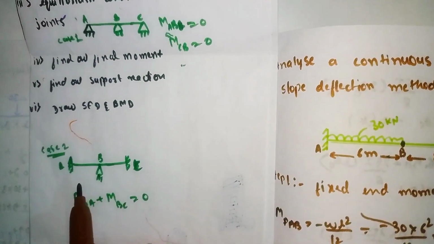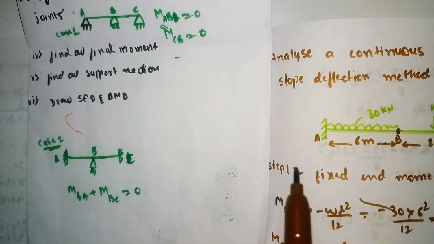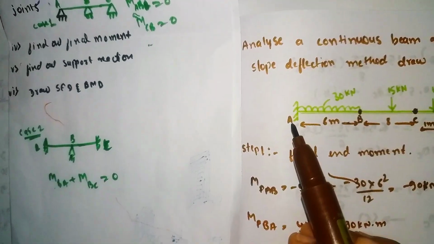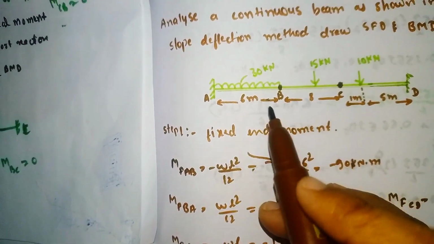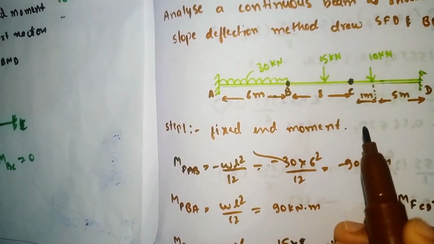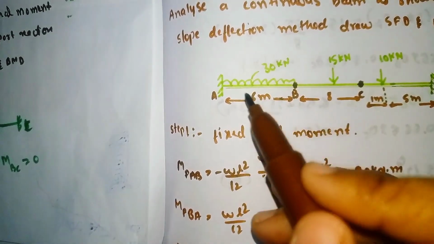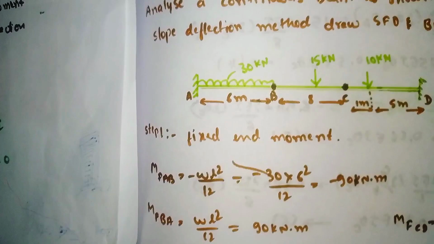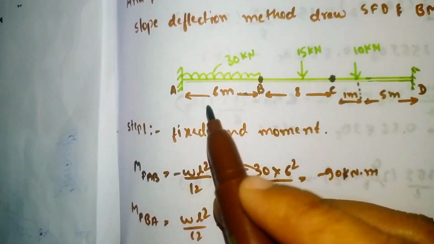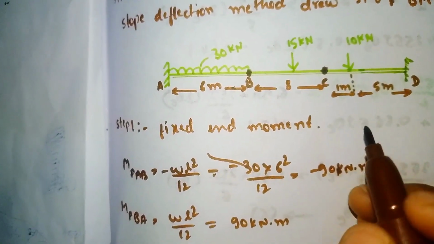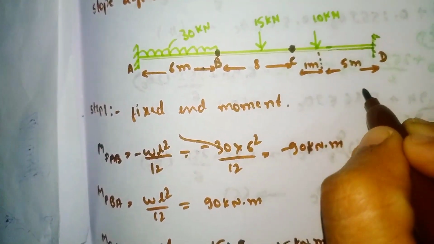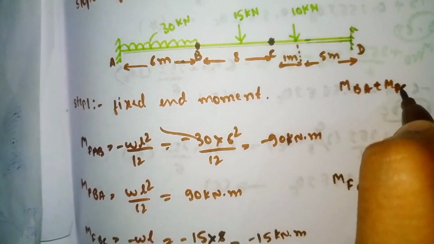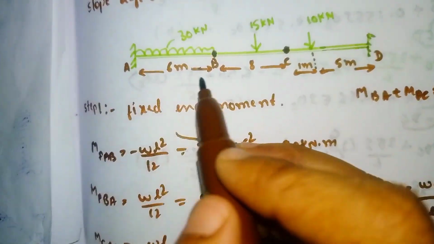This is applicable only when we have 3 points, but in our problem we got 4 points. So first we take these 3 points A, B, C and apply the equilibrium condition for them: MBA plus MBC is equal to 0 for ABC.